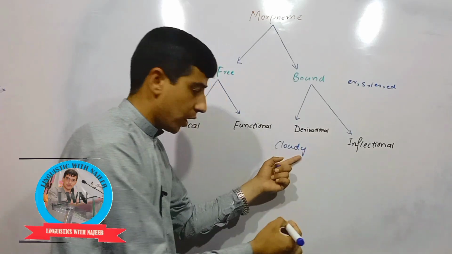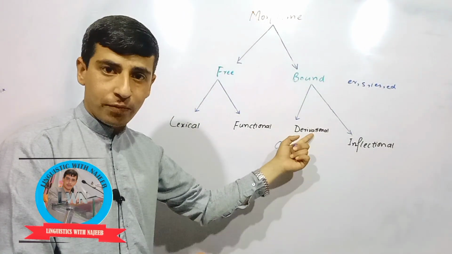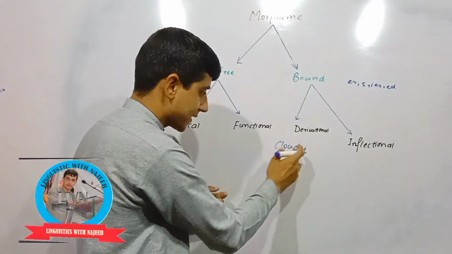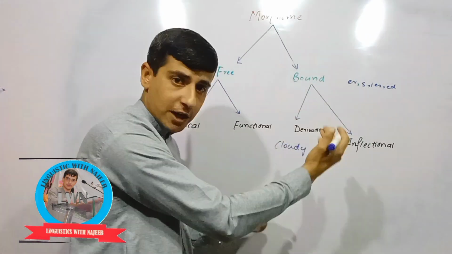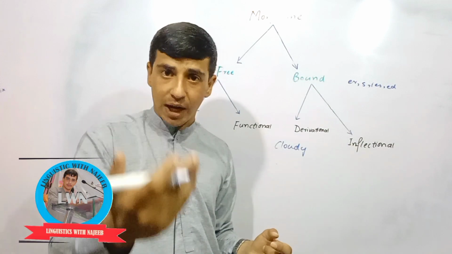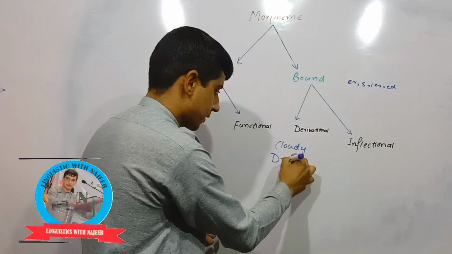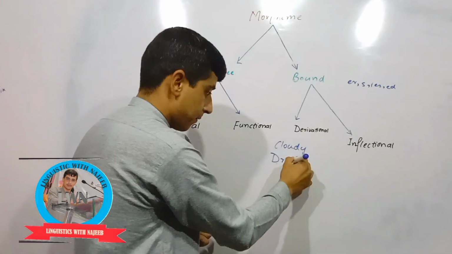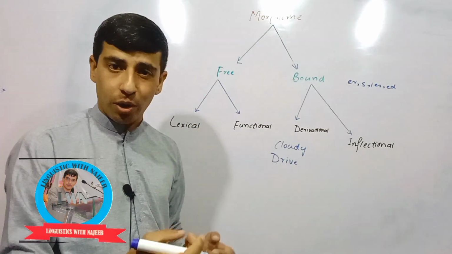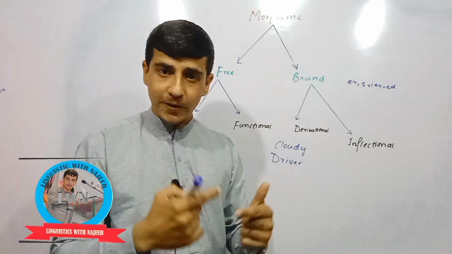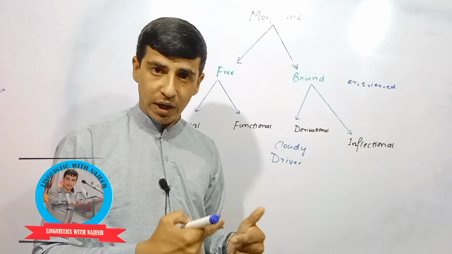This -y is a type of derivational morpheme, and with it the noun has become an adjective: cloud into cloudy. For example, drive is a verb, and if I add -er or -r, it will become a noun. So the meaning is changed and also the grammatical class is changed.